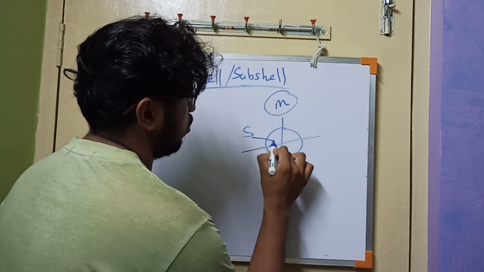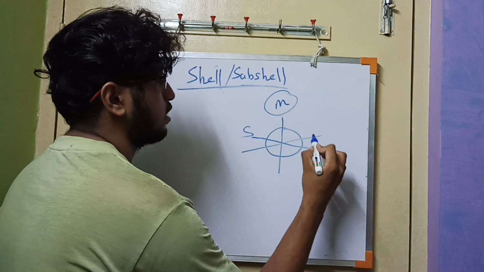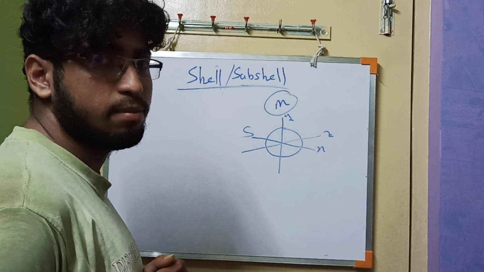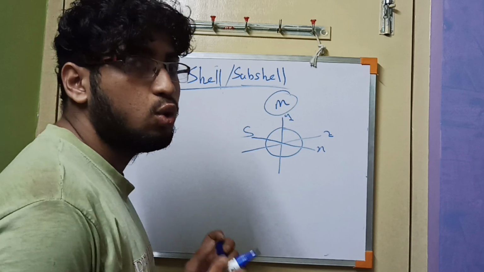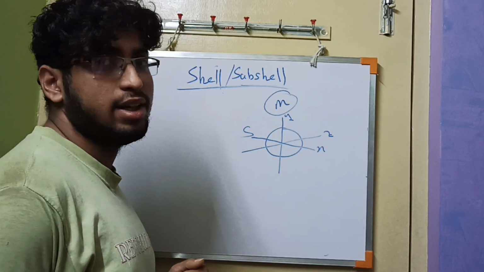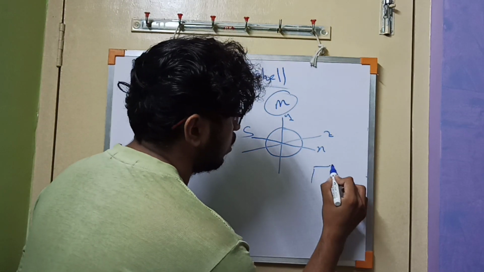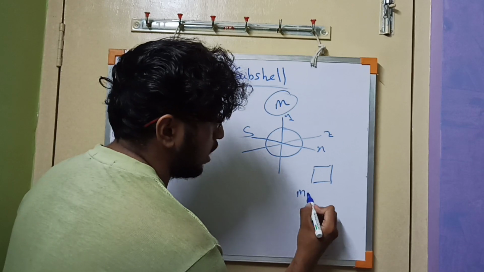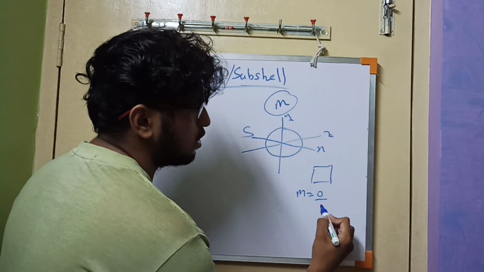If we draw the three axes X, Y and Z, it is spherical in shape, and there is no more than one orbital present in s. S has just one orbital. That's why the value of m was only 0. That means just one value.